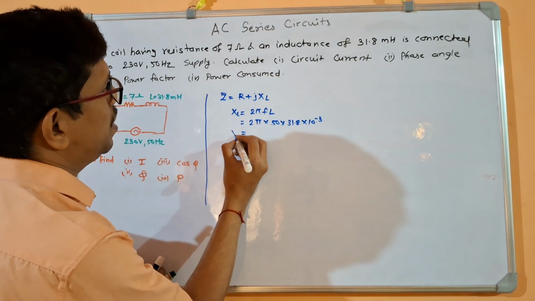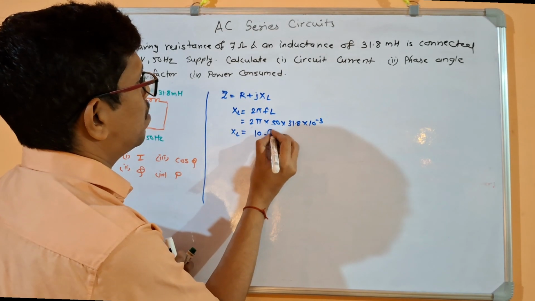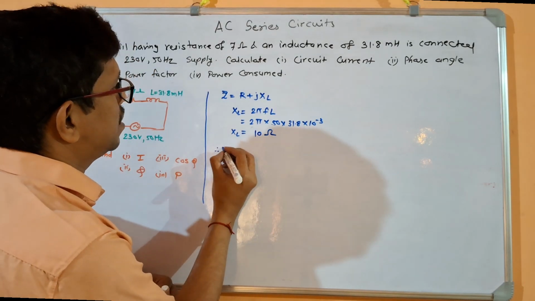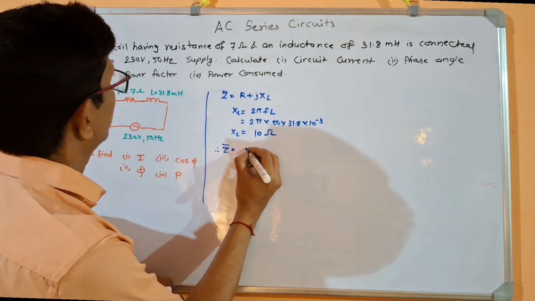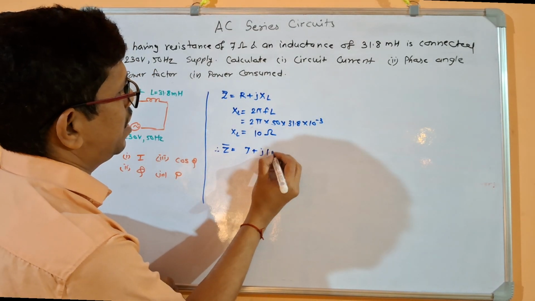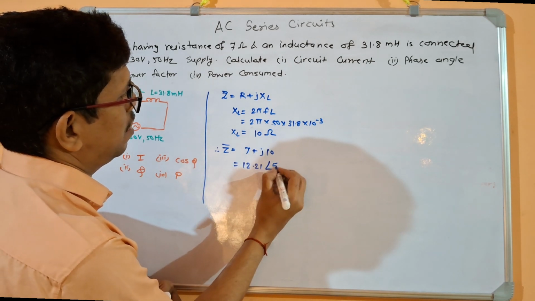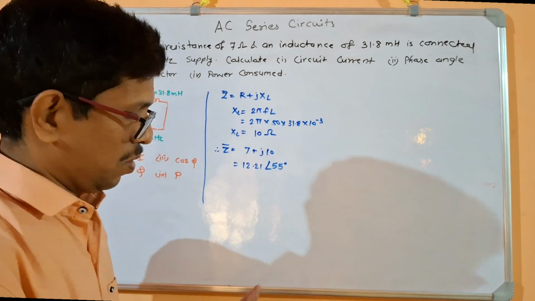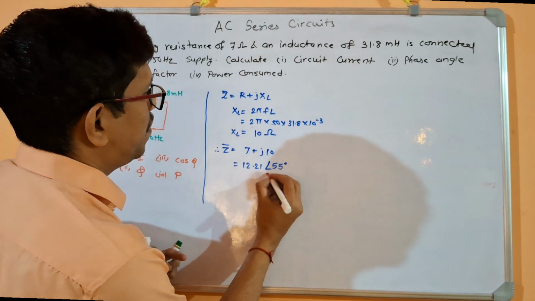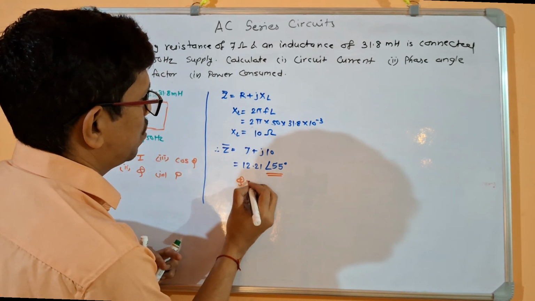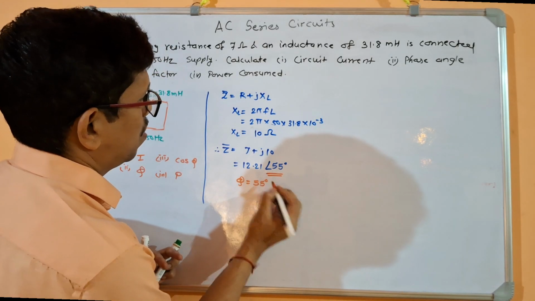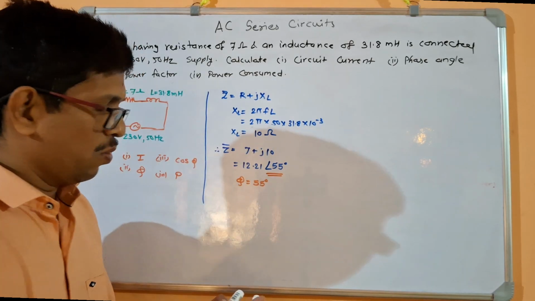So this will give me XL 10 ohm, and therefore Z bar is equal to 7 plus j10. It comes to be 12.21 at an angle 55 degree. Okay, and this 55 degree is nothing but your phi. Okay, so we have got phi over here.